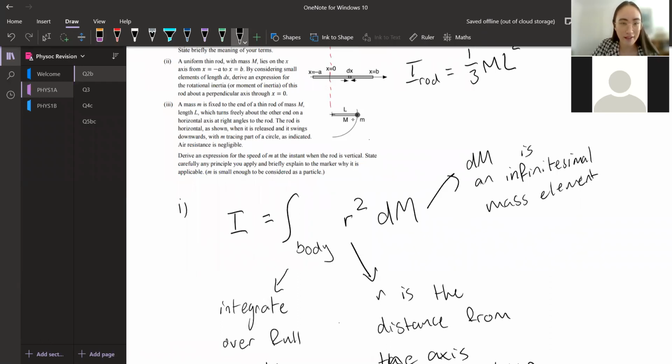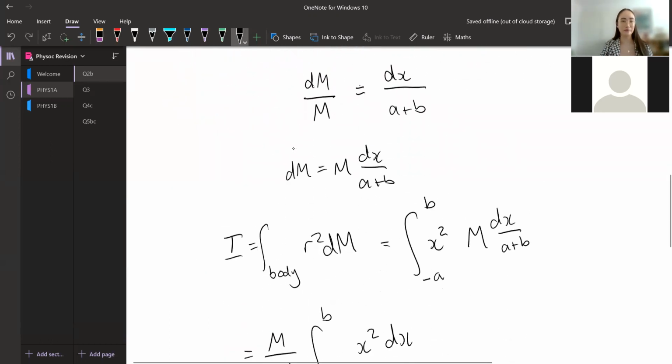And we want to find out the speed of m at the instant when the rod is vertical. State carefully any principle you may apply and briefly explain to the marker why this is applicable. And they've already given us a hint of one of the assumptions we're going to make. m is small enough to be considered as a particle.